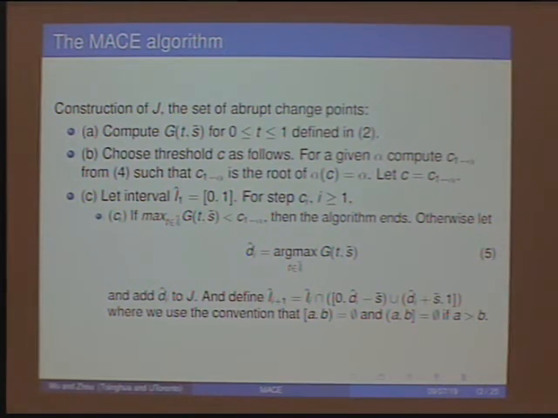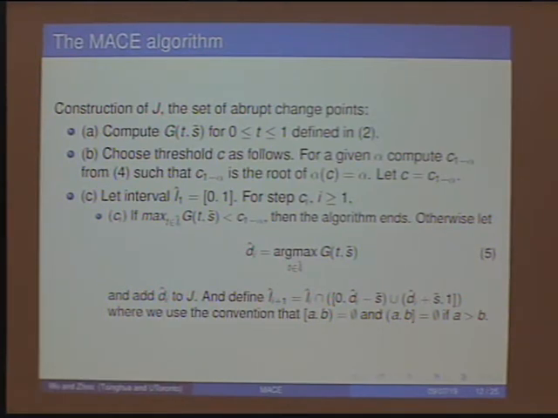If that peak is above your critical value, then that's a change point. You remove that peak and find the second highest peak. If it is still above the critical value, that's another change point. Do that repeatedly and you will find all the change points. So that's a very, very simple algorithm.